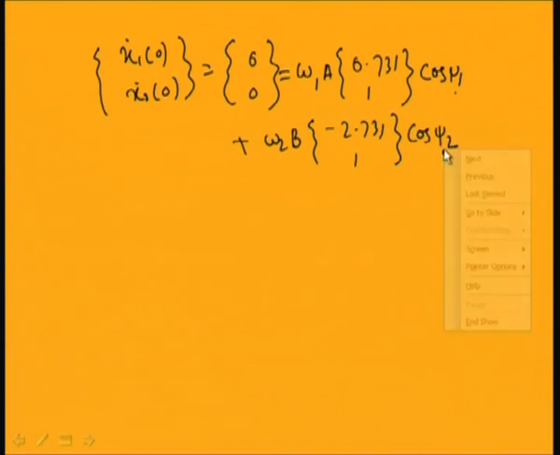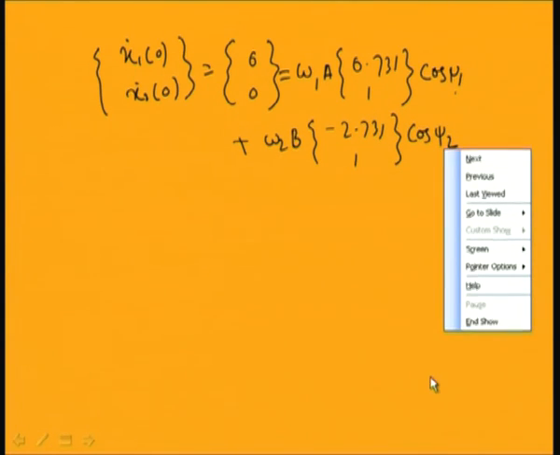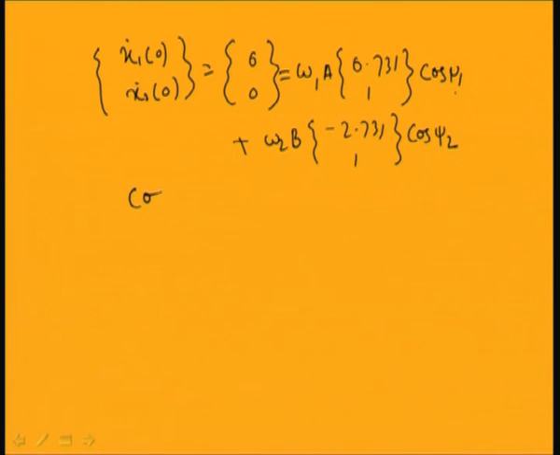From this expression you can find that cos psi 1 equal to cos psi 2 equal to 0. So this expression is valid.